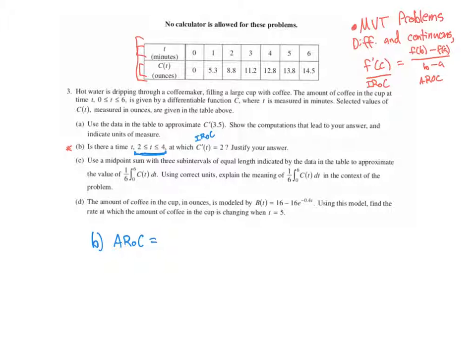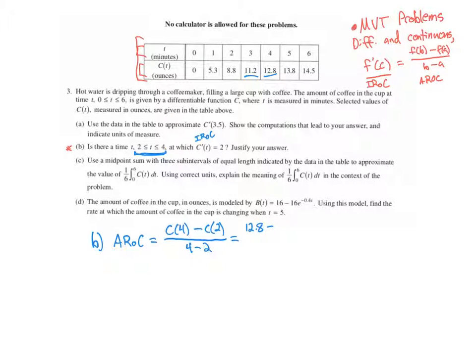And what we're going to do is take a look at the interval that they've given us from 2 to 4, and let's find the average rate of change of c over that interval. So I would be finding c of 4 minus c of 2 divided by 4 minus 2. And if I look up in the table, I see that c of 4 is 12.8.